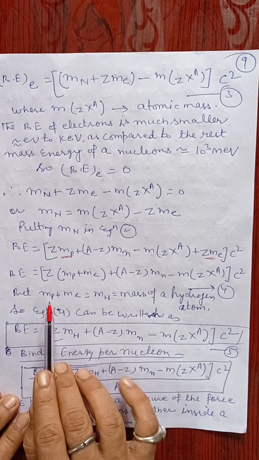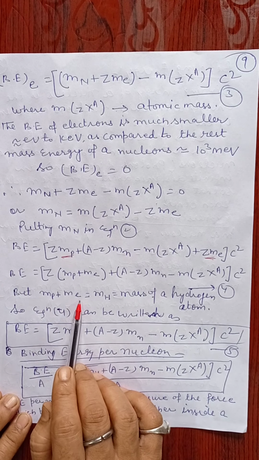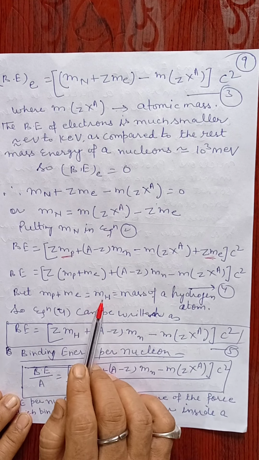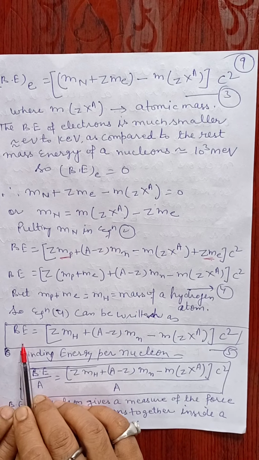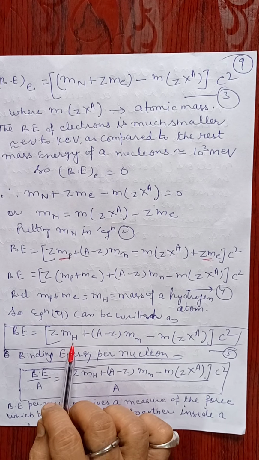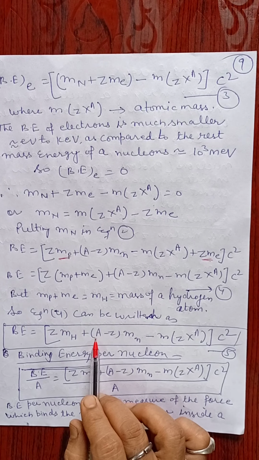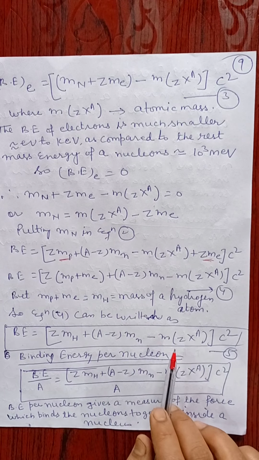We know very well that the mass of a proton plus the mass of an electron gives the mass of the hydrogen atom. So the above equation can be written as binding energy equal to [Z Mh plus (A minus Z) Mn minus M(ZXA)] c squared.